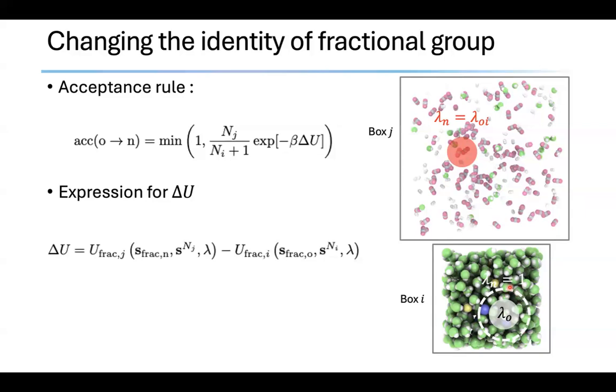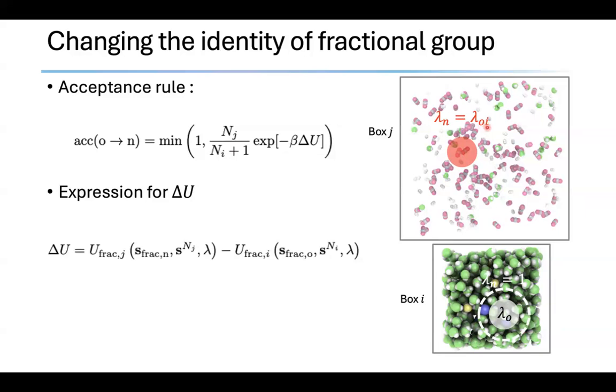As I have already mentioned before, when you change the value of lambda to 1, it means that it feels like a complete molecule. Correspondingly, you pick a complete molecule in box J and make it a fractional molecule with a value lambda O.